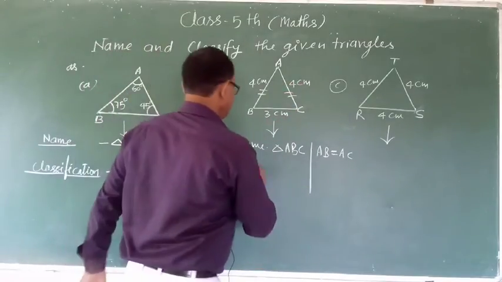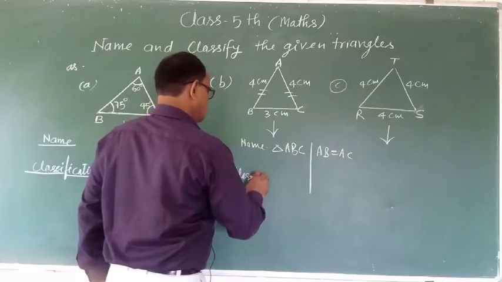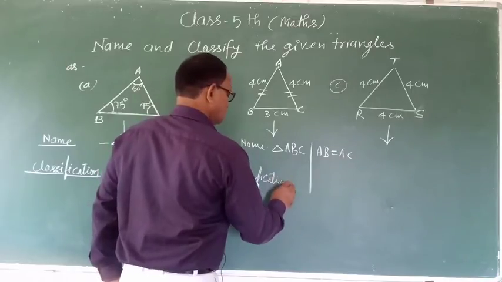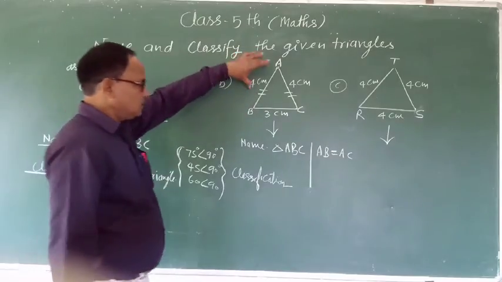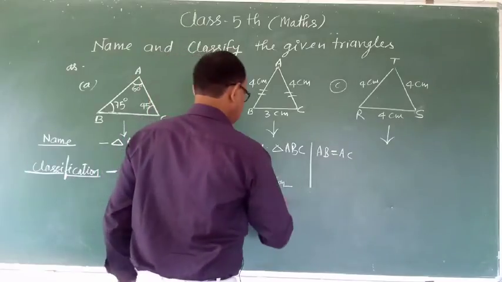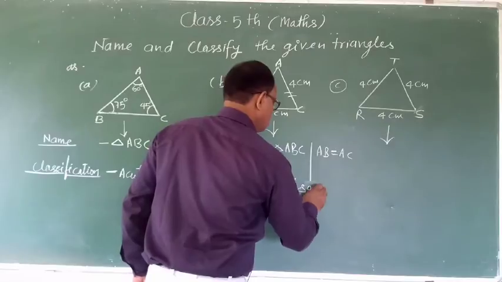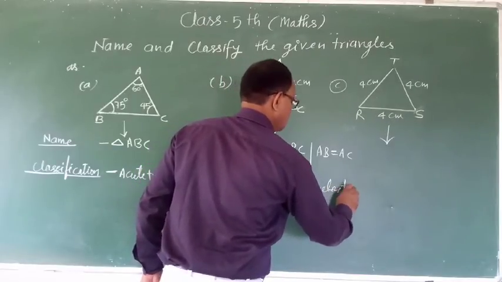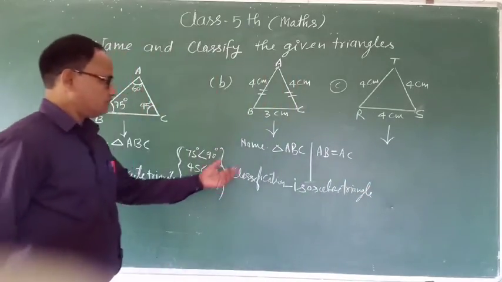Then during the classification, triangle ABC is an isosceles triangle.